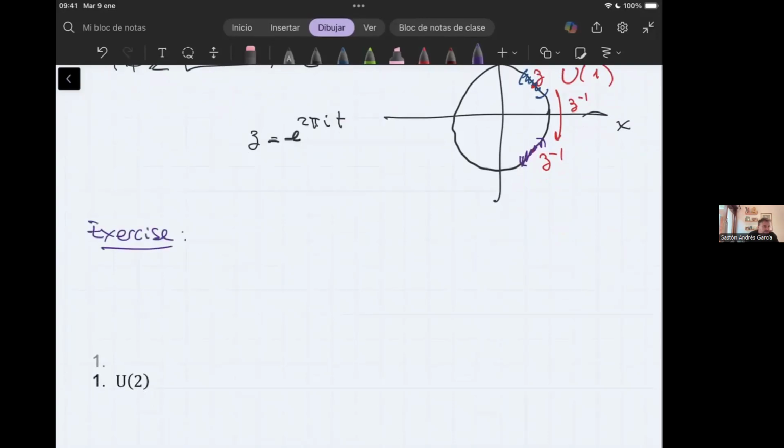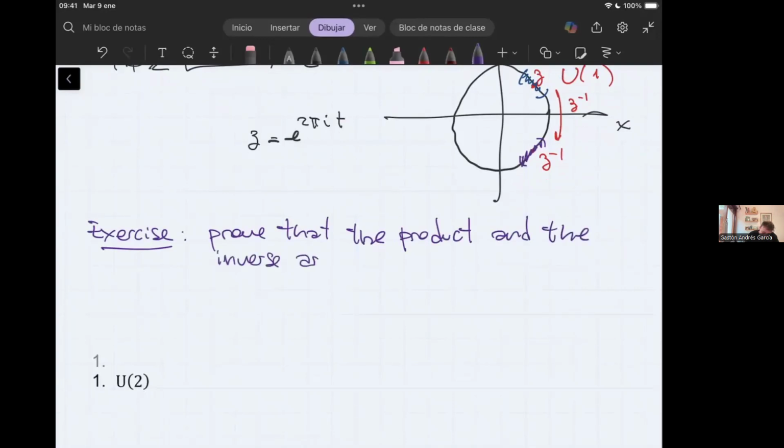Exercise: prove that the product and the inverse are continuous maps.